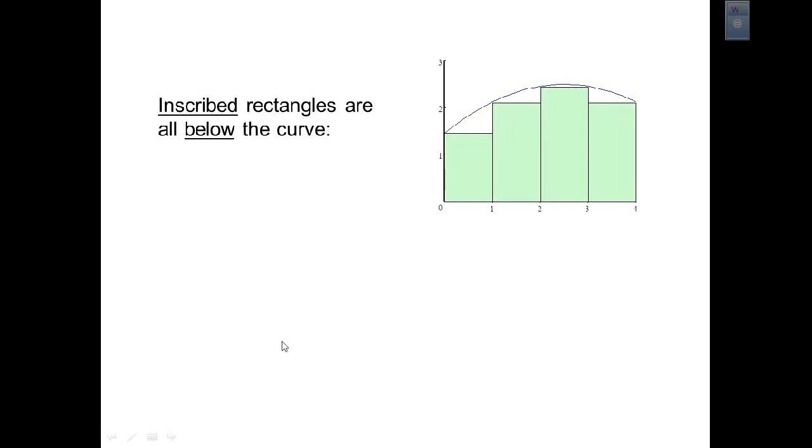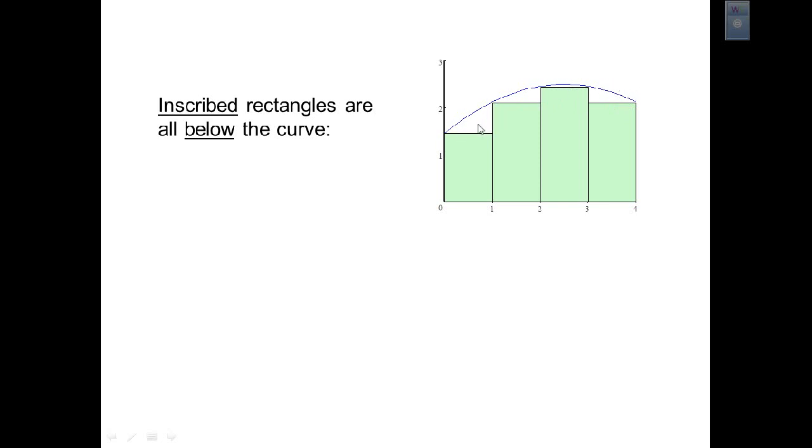The reason you might use this is if you wanted to definitely guarantee an underestimate of the actual value. Notice here, we're using left hand here, left or right here, it doesn't matter, it's about the same, but right hand over here, the approximation method. And that's all just to keep the rectangles below the actual value of the curve.